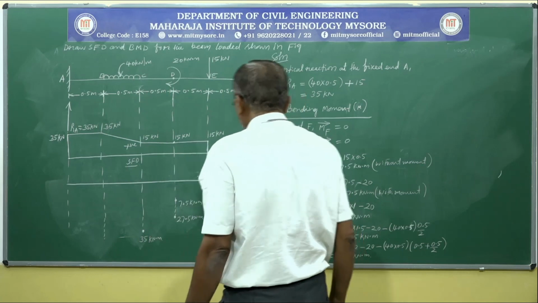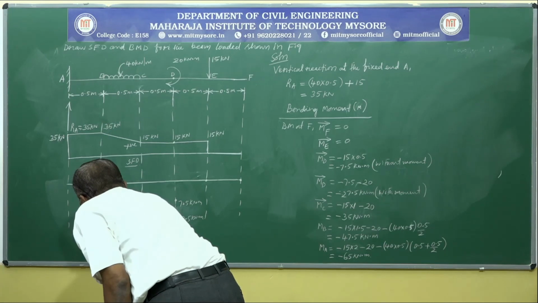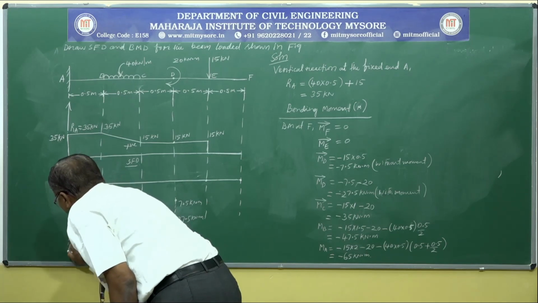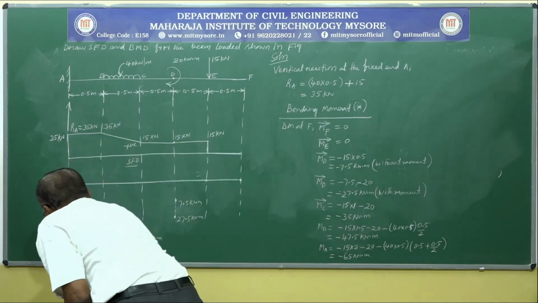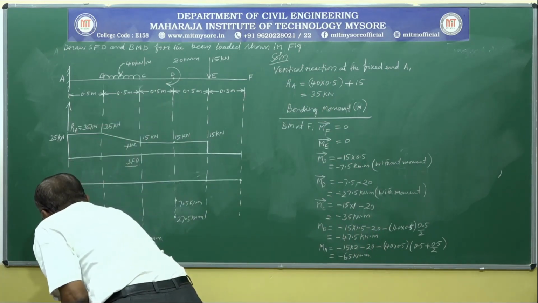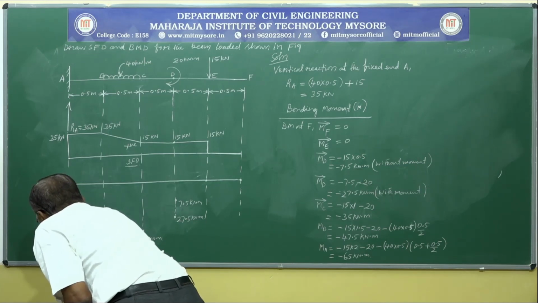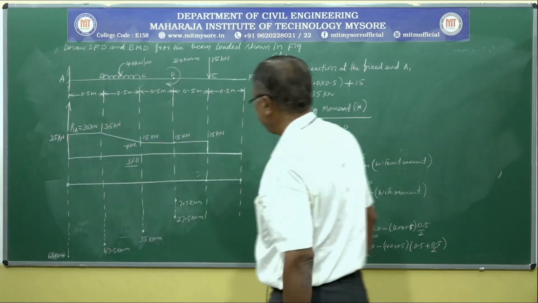Next, at B minus 47.5 kilonewton meter. Lastly, at A it is minus 65 kilonewton meter. And the other value is 0 by considering the fixed end moment.